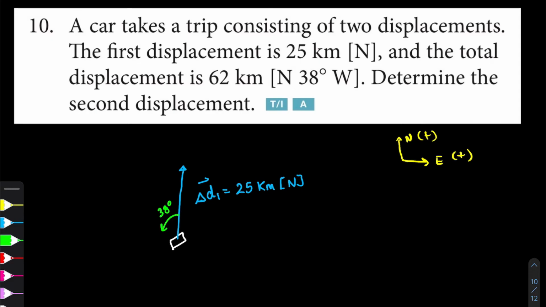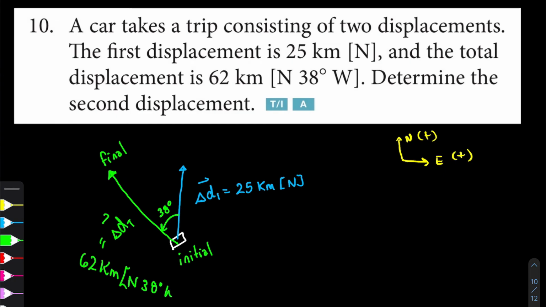So if we recall, the definition of total displacement is from your starting position to your final position. So that's what the total displacement vector measures. Delta dt, we know the total displacement, north 38 degrees west.